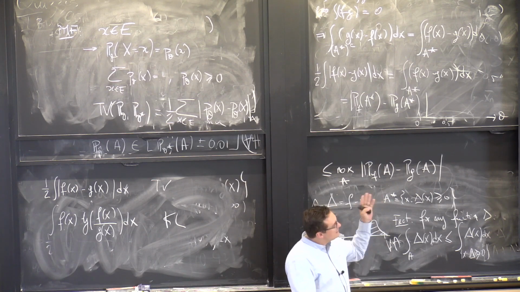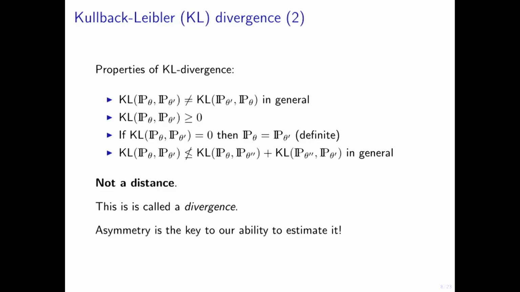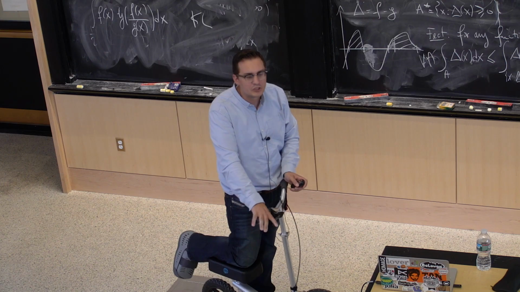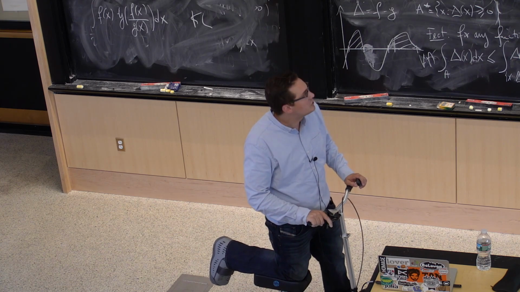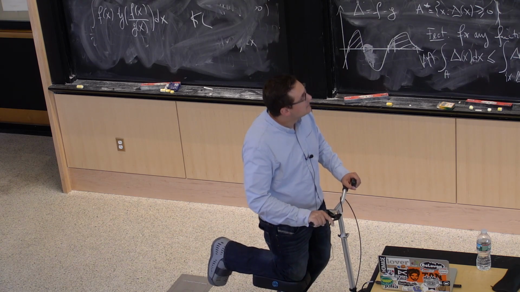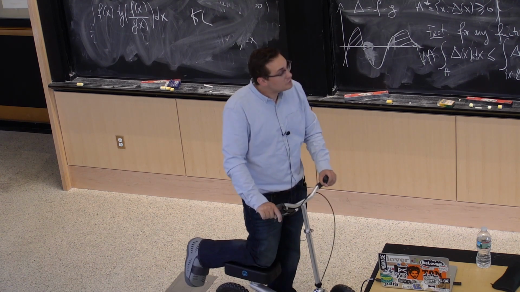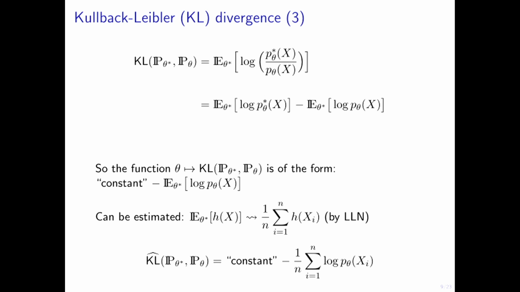The problem is that this will still not satisfy the triangle inequality, and there's no way basically to turn it into something that is a distance. But the divergence is doing a pretty good thing for us, and this is what will allow us to estimate it and basically overcome what we could not do with the total variation.